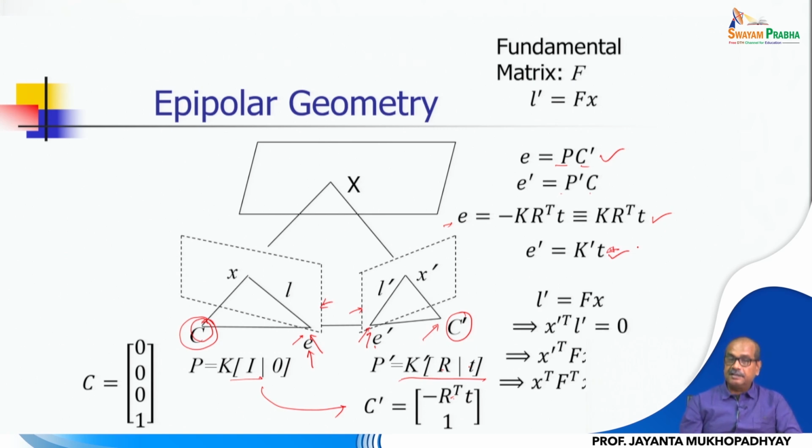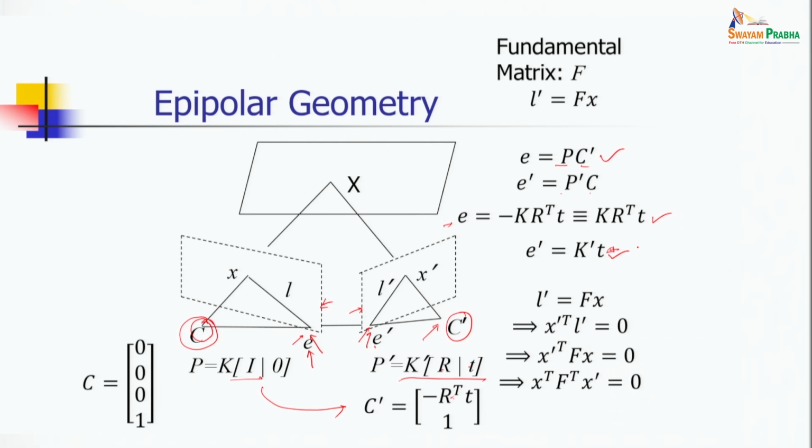So with this, let us see that these are the two things we are deriving, but to relate x and x prime, these corresponding points, we will use the fundamental matrix relationship between a point and a line. That means the point and the epipolar line on which the corresponding point lies.